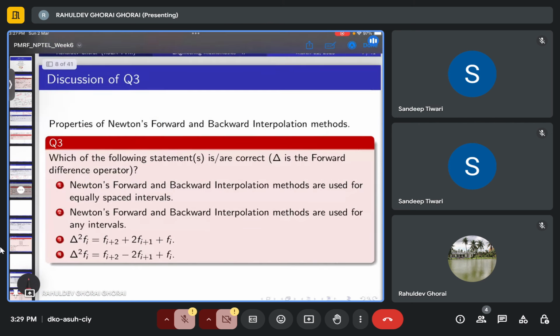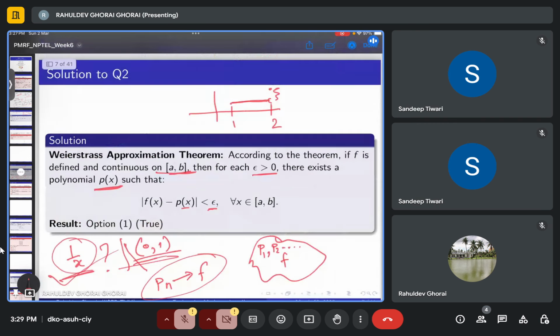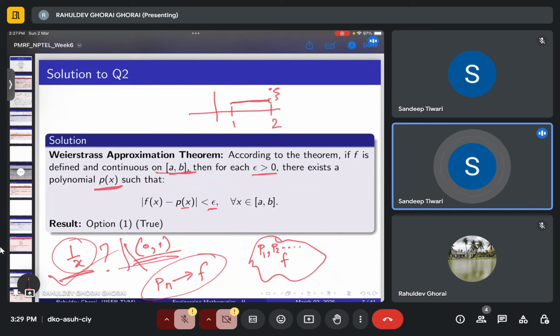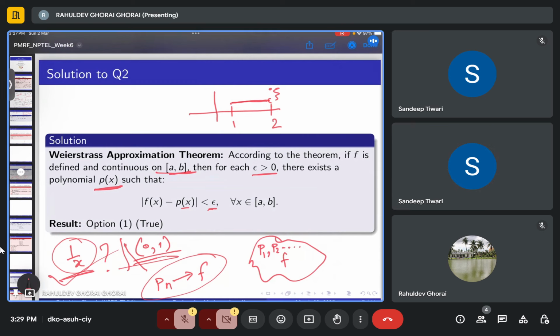Okay, so then the next one. You can understand a little bit that a discontinuity will have a problem. 1 by x is a good example, right? But can you prove it just now?